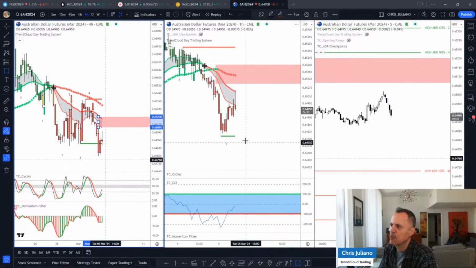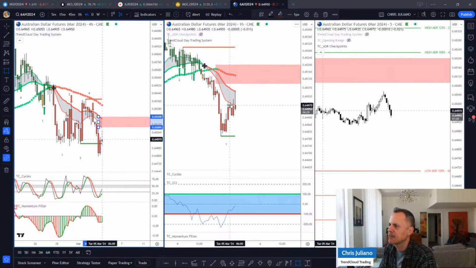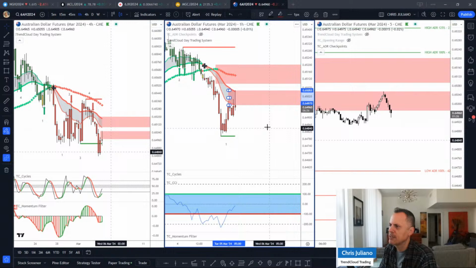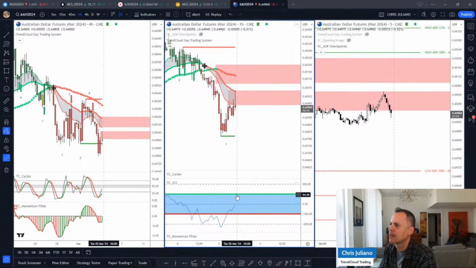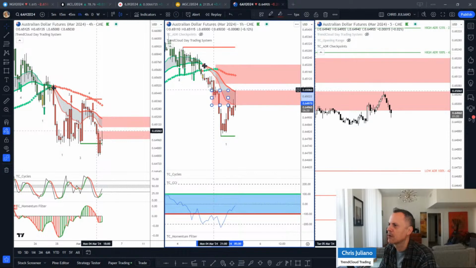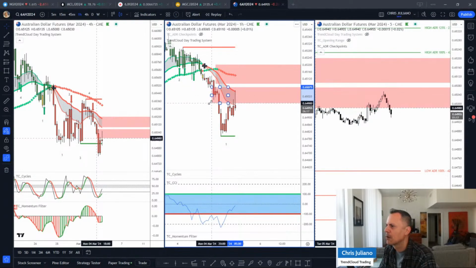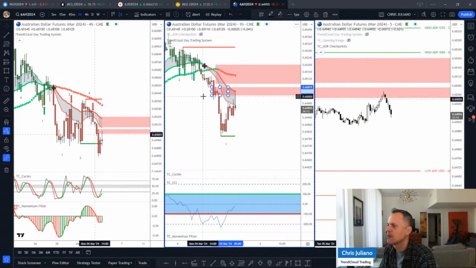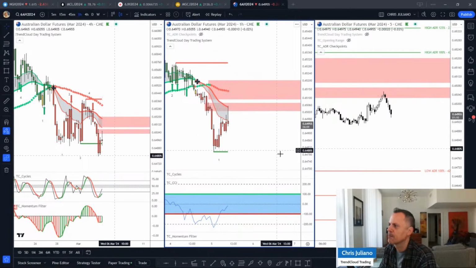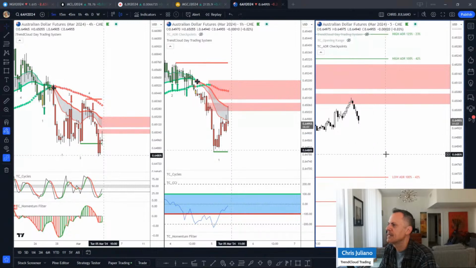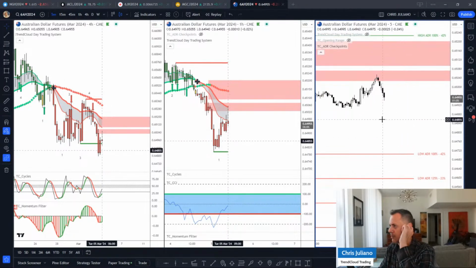We want to stick with momentum. It's going to hit the 1 hour trend cloud, which it did. And if you look left, there's your supply zone, drop base drop. And now we're starting to make a move, right?